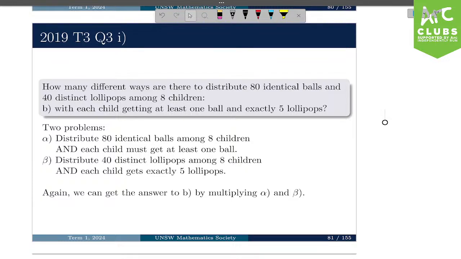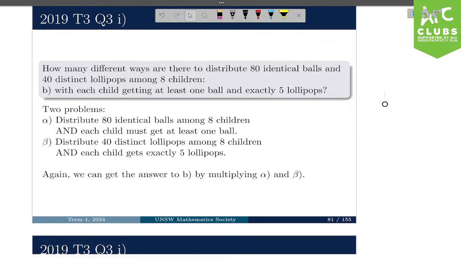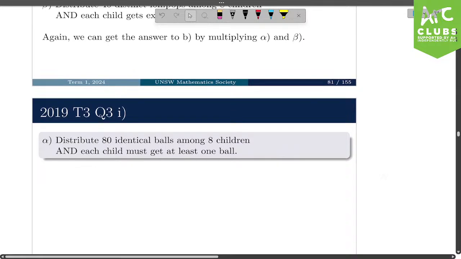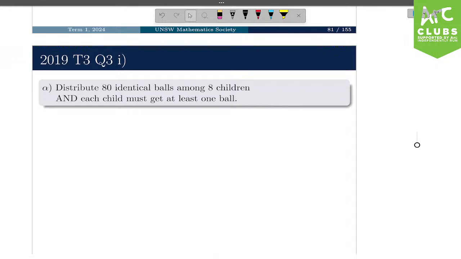So, like before, we'll split it into 2 different problems, alpha and beta, and we're looking to multiply our results in alpha and beta. So let's move on to part alpha. How do we distribute 80 identical balls among 8 children, and each child must get at least 1 ball?